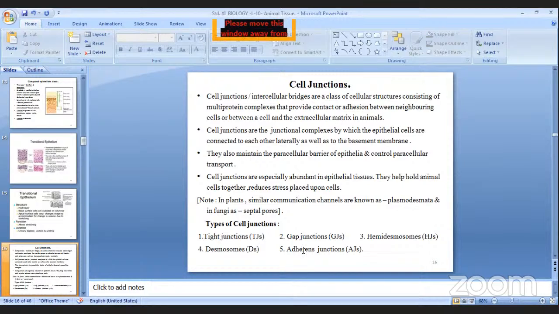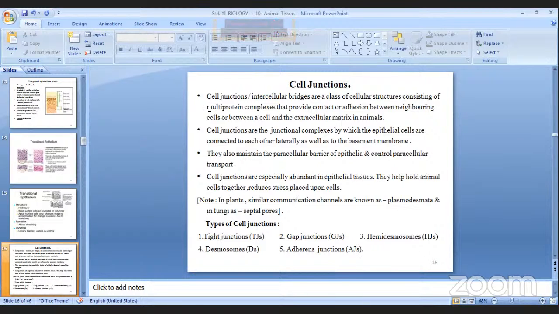The other is gap junction, abbreviated as GJs, G indicating gap. Then hemidesmosomes, desmosomes and adherens junction. These are the different types of connections that two cells have among themselves, that is, they hold together.